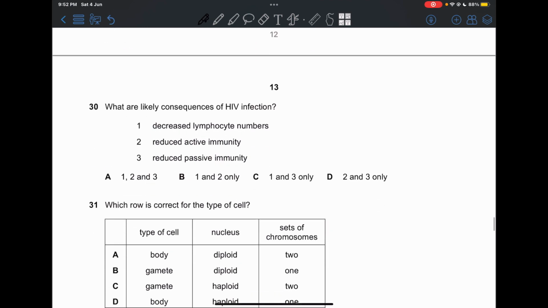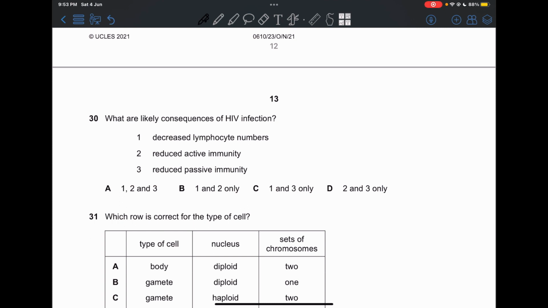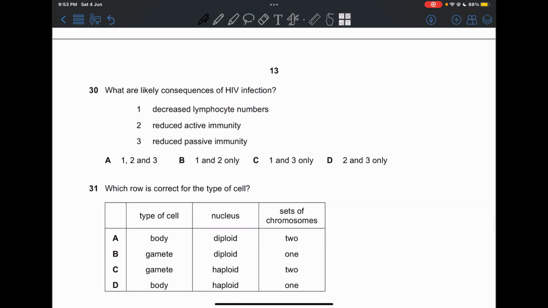Now question number 30. What are likely consequences of HIV infection? 1, decreased lymphocyte numbers, 2, reduced active immunity, and 3, reduced passive immunity. Now, for sure we know that lymphocyte numbers are going to decrease because HIV infection actually decreases the lymphocyte numbers over time.